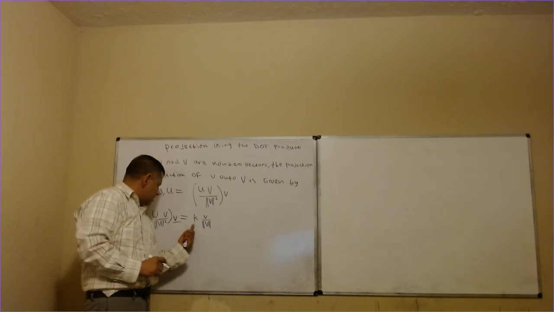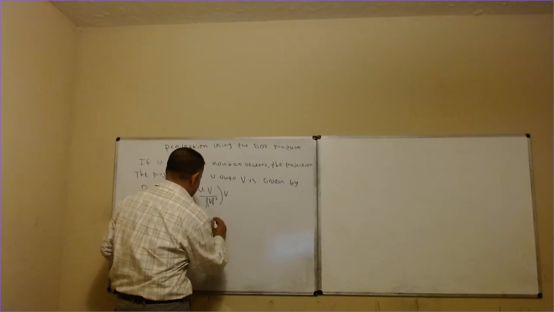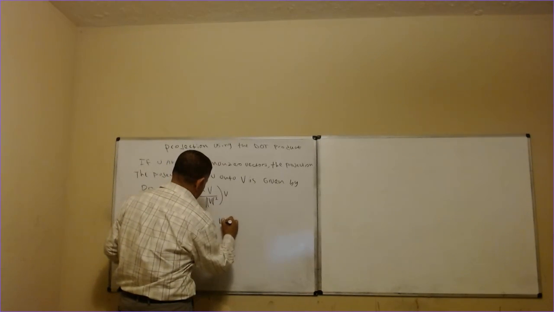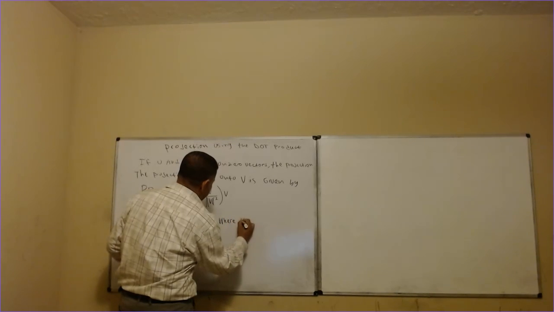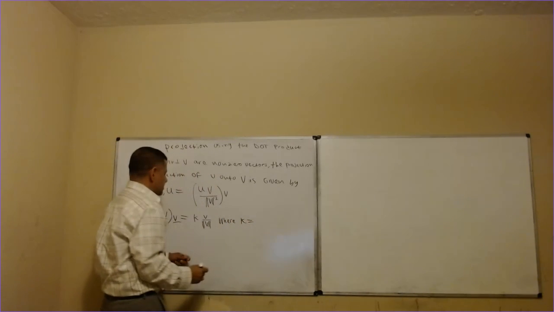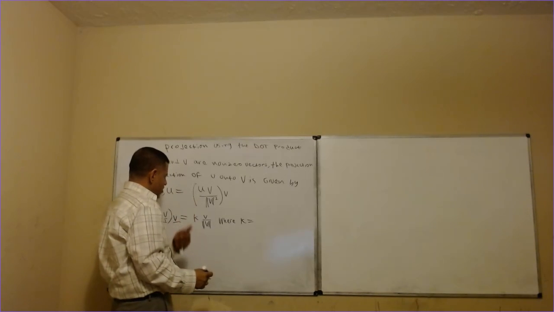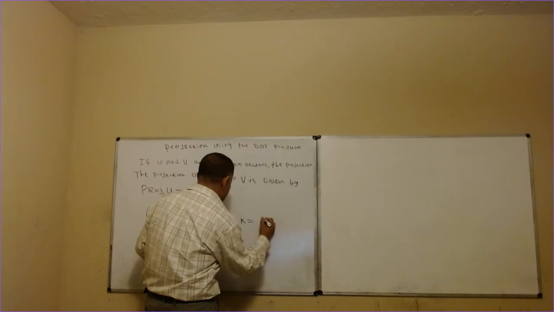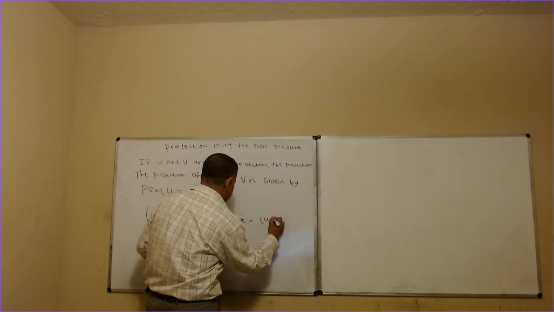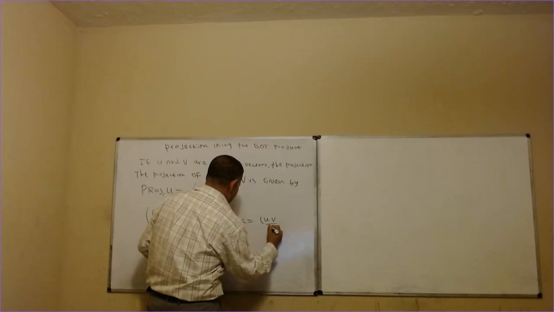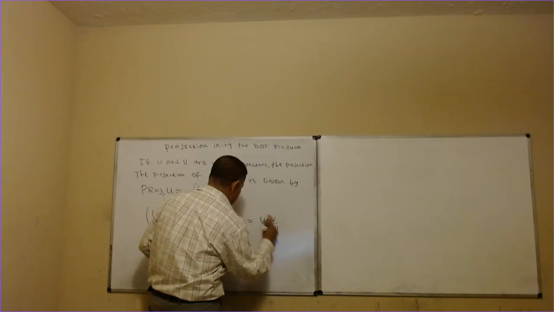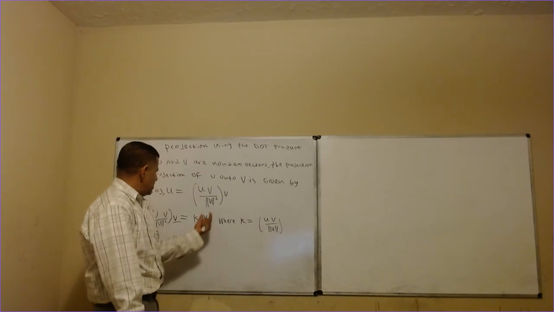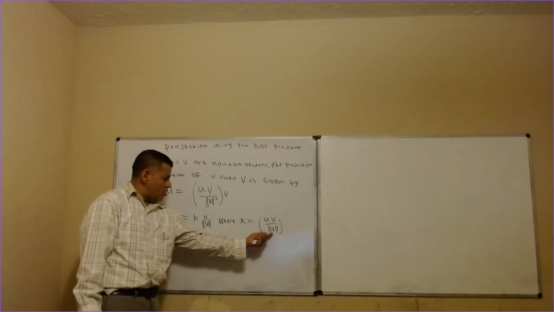Now this k represents U dot V over the magnitude of V, just like that. So k represents this piece.